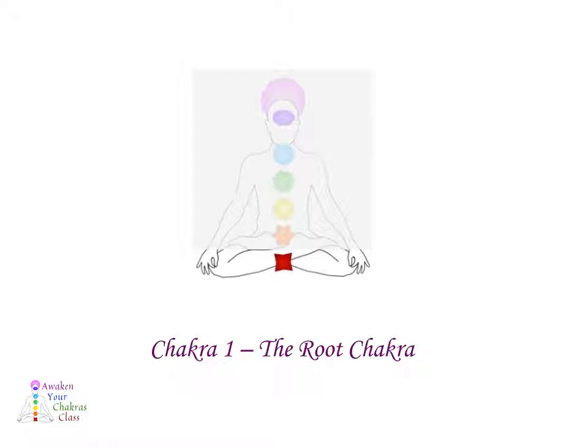So the base of the spine, the legs, the feet, the butt, the large intestines, your bones, your teeth, and your bowel and anus. So physically, when we have energy here in this first chakra, that part of our body is going to feel pretty good.